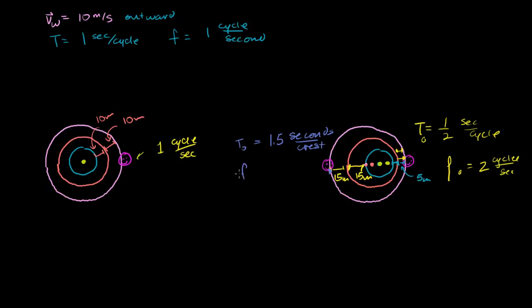And if you take the inverse of that, 1.5 is 3/2, that's 2/3 of a cycle per second. So when the source is moving away from this observer, the perceived frequency is lower than the frequency of the actual emitted wave. When the source is moving towards the observer, the frequency is higher.